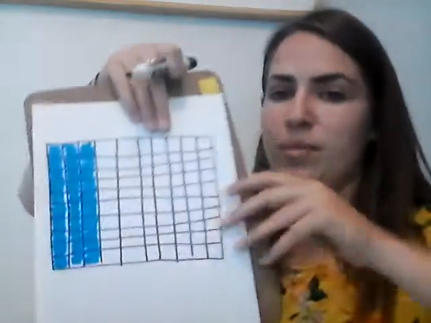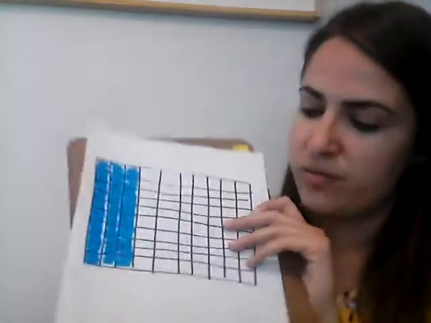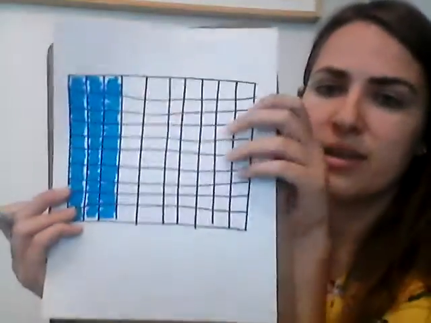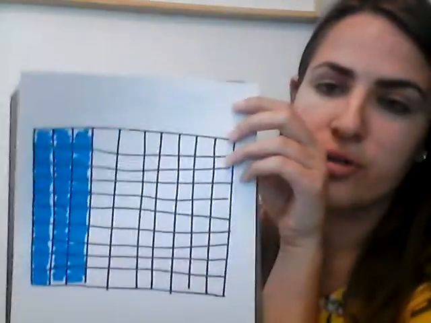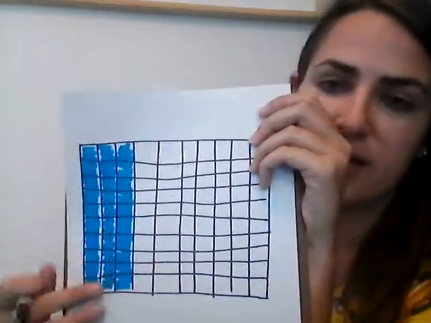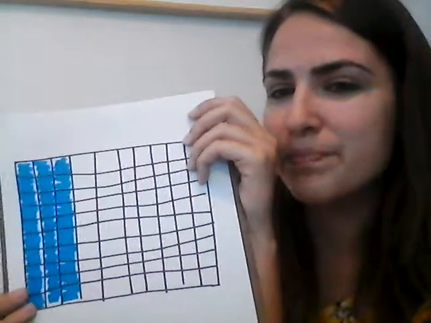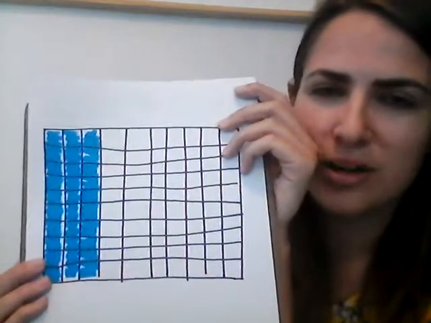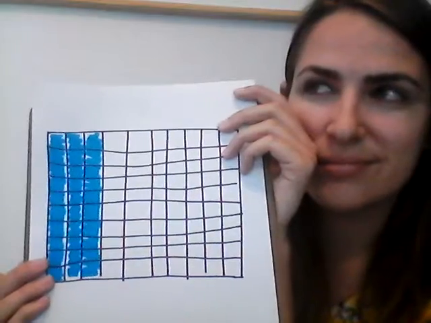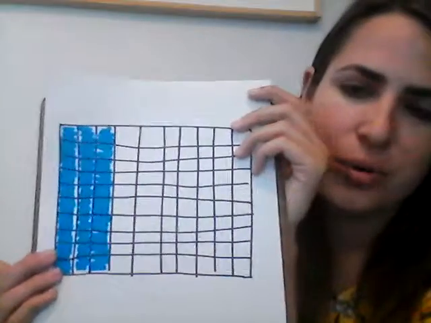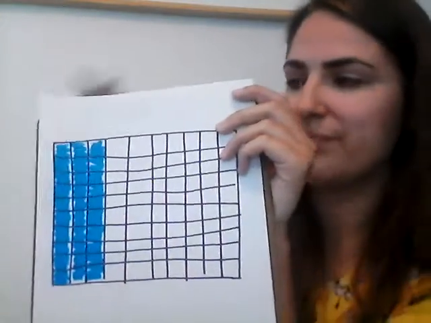All right, you guys. So let's just look at how that would look like on our visual model. So this is really great review from Module 5. If we were to show that 30 hundredths is equal to 3/10, how could we do that? What would you do to this visual model? Think about it. What would you do to this visual model?